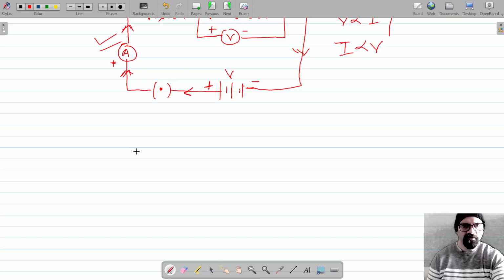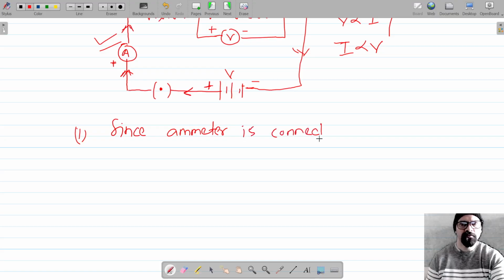And we can write here: since the ammeter is connected in series, an ideal ammeter should have zero resistance. We know that whenever a device is connected in series, it increases the resistance of the circuit.